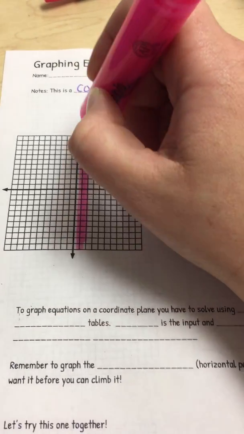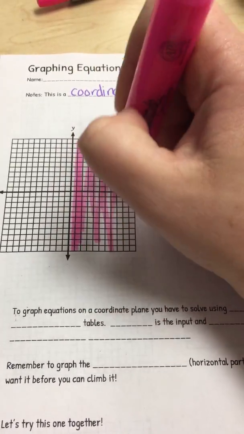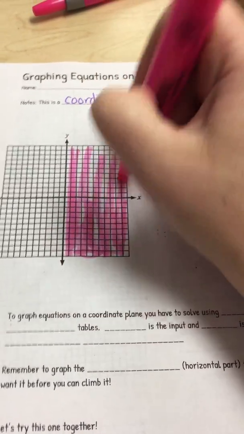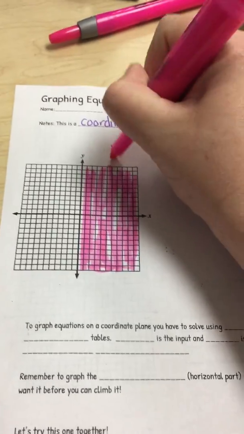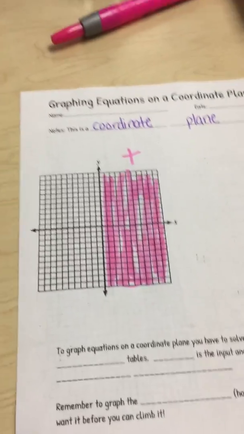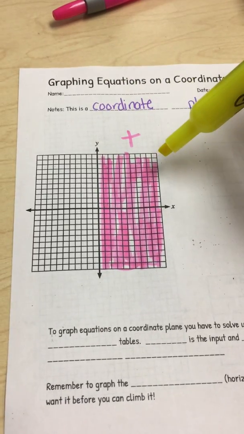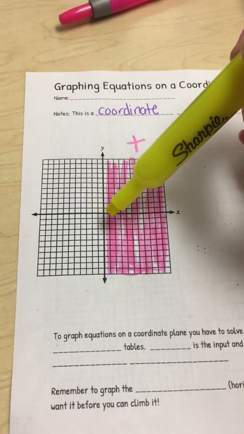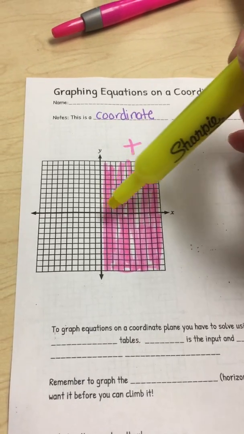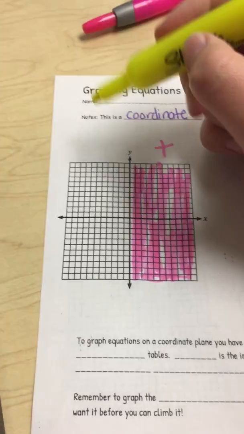Everything on this side of the coordinate plane for the x-axis is positive. So any positive numbers you would graph over here for the x-axis. So if you had to move over 1, 2, 3, 4, if you had to move over 7, if you had to move over 10, you get the point.